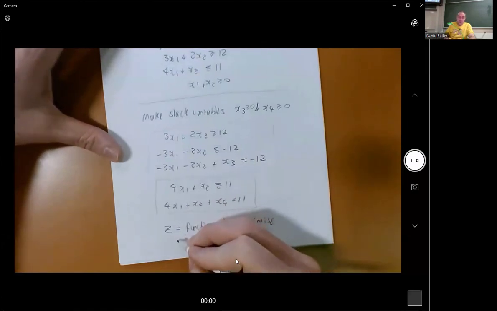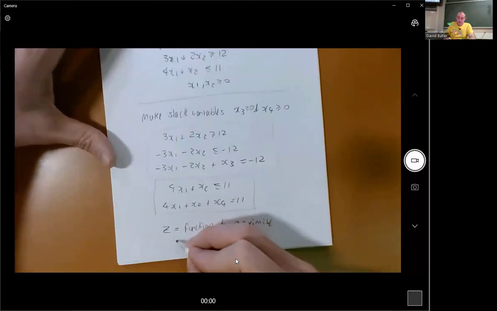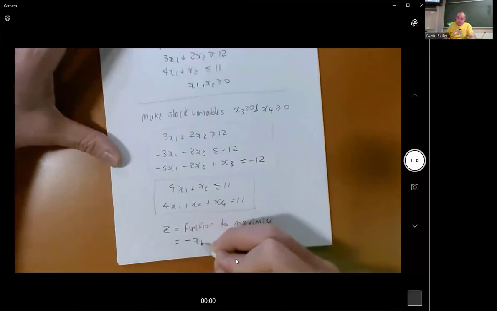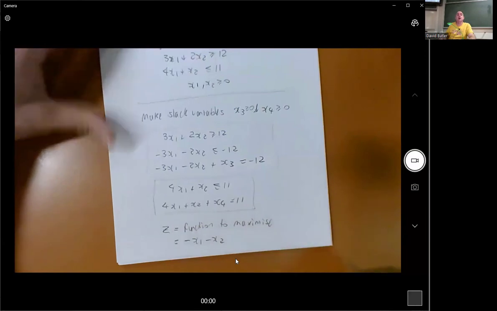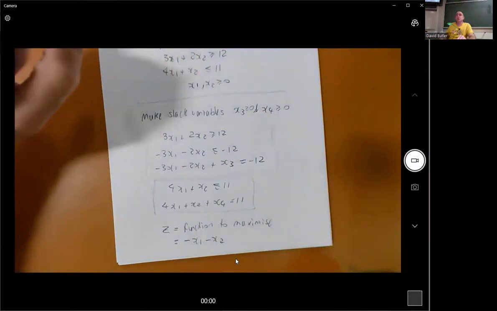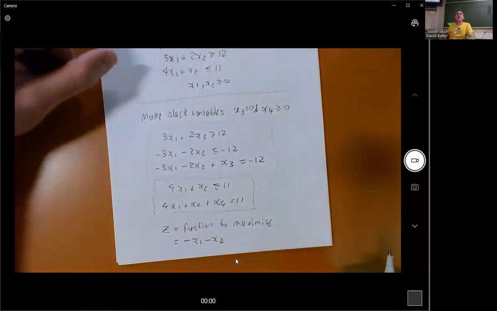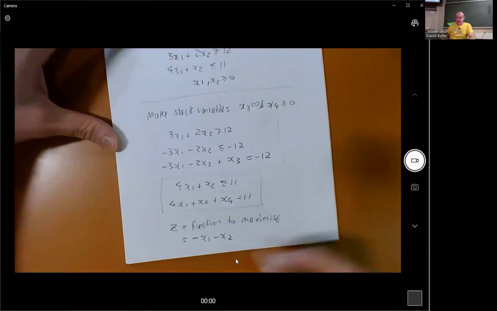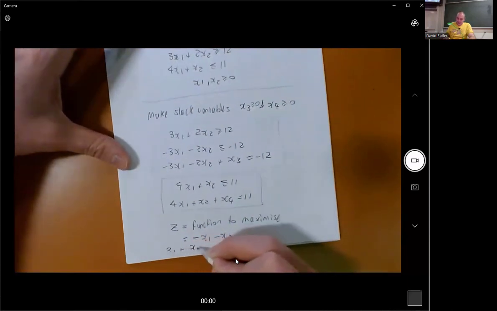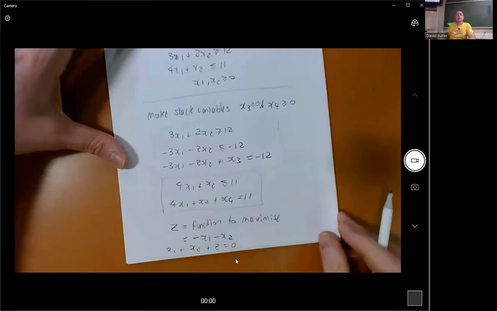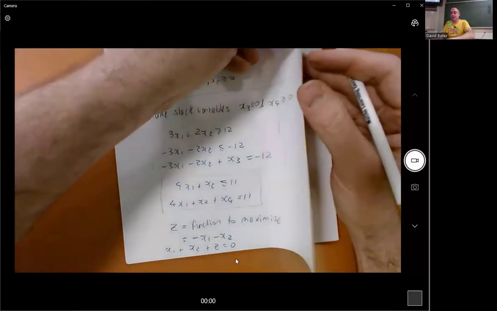And so we're going to say that z is minus the old one. Then we'll rearrange that and we'll get x1 plus x2 plus z is 0. And so then we set up our tableau.